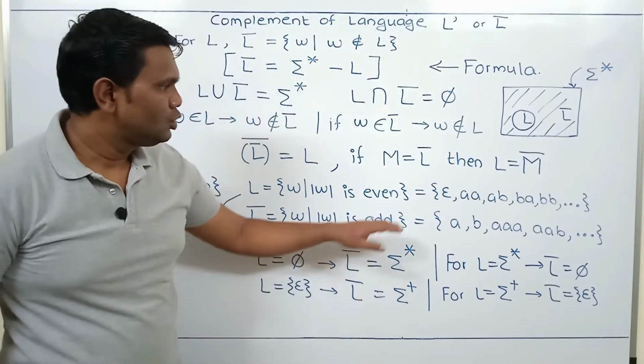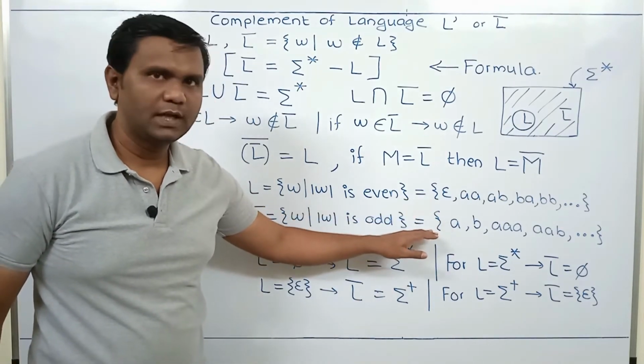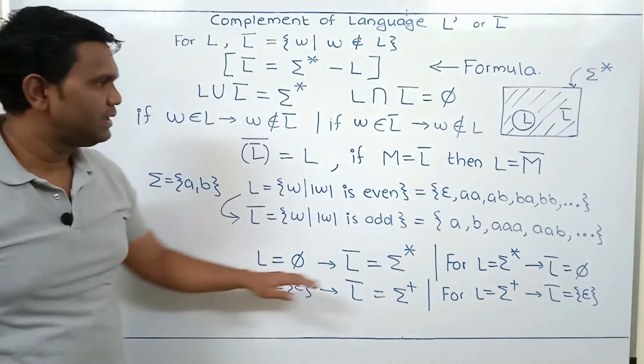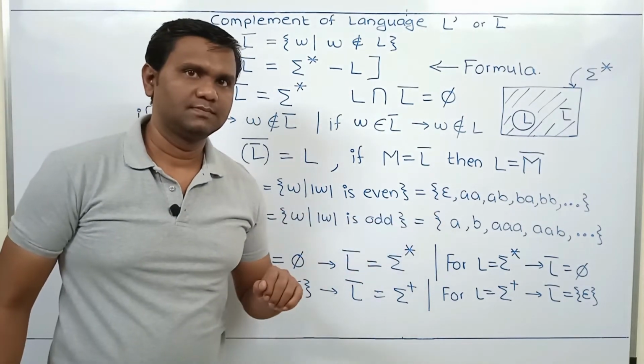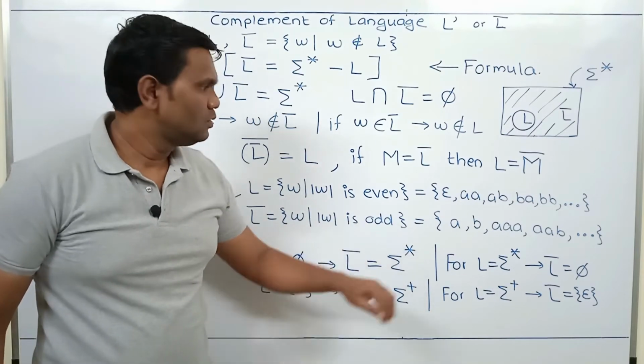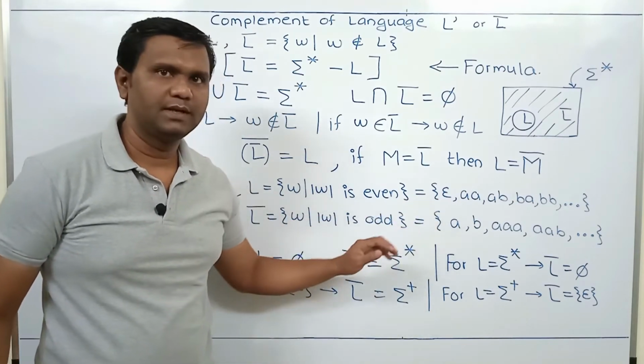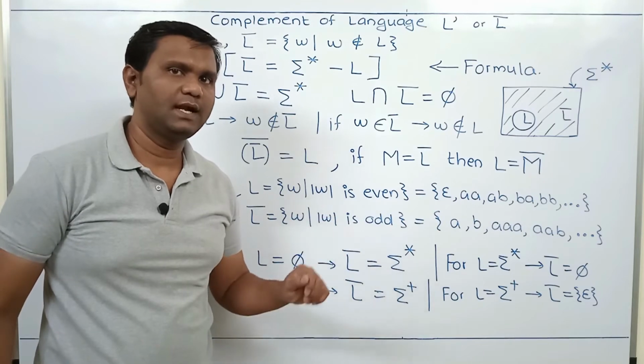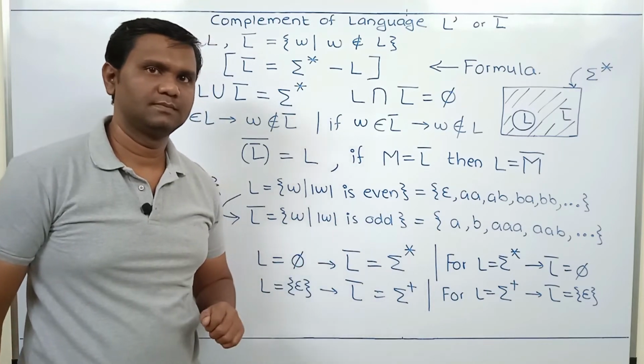So if you make union of these two languages, L and L complement, you will get sigma star. Also, there is no string common to L and L complement. Intersection of L and L complement is empty set.